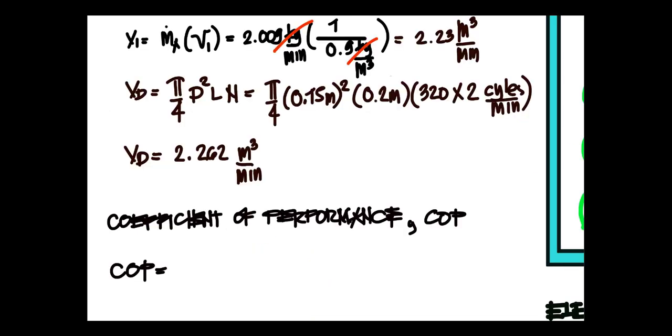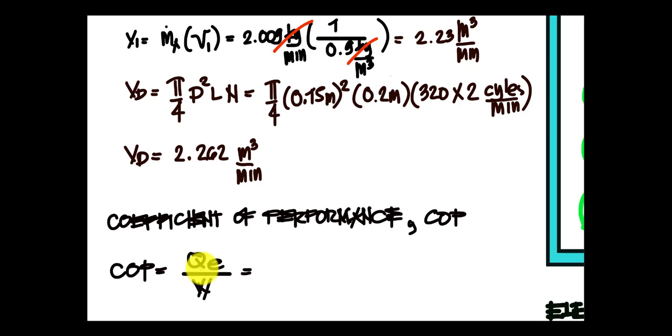For the coefficient of performance of the cycle, we have the heat absorbed by the brine, or the refrigerating capacity, and we divide this by the work of the compressor.